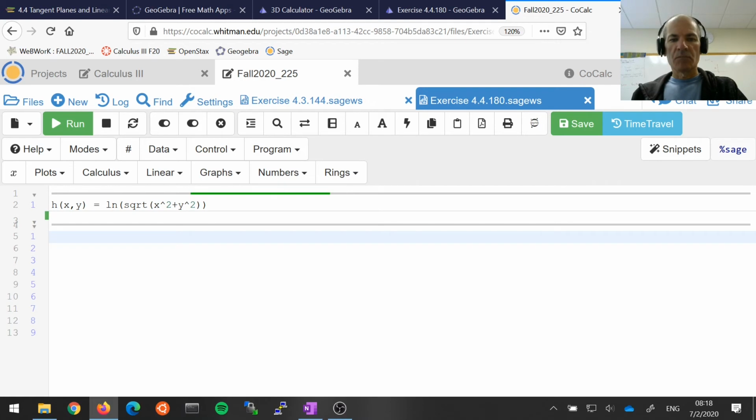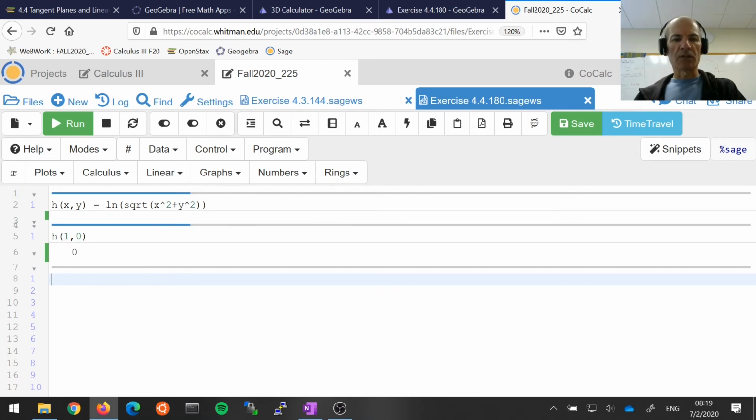And for example, if we plug in x equals 1 and y equals 0, that's going to be the square root of 1 plus 0, so the square root of 1 is 1, the natural log of 1 is 0, so we should get 0 out of this if things are functioning properly, and they are.